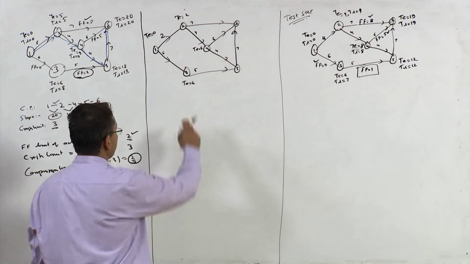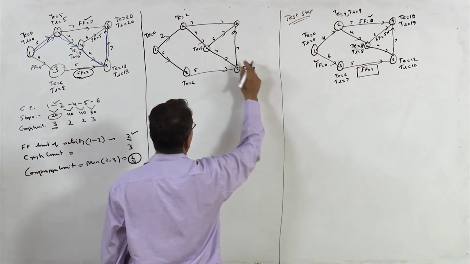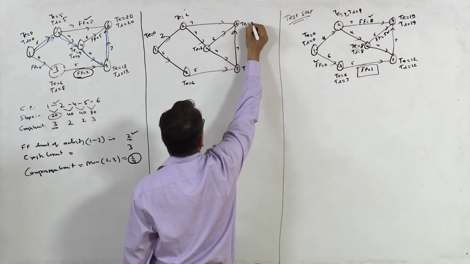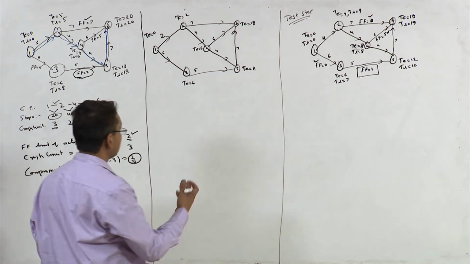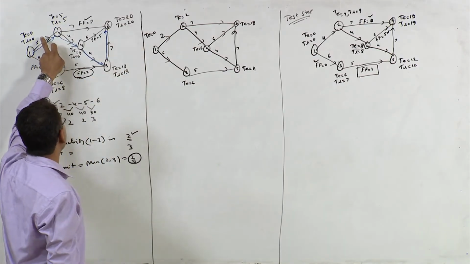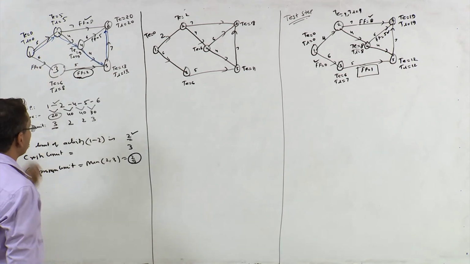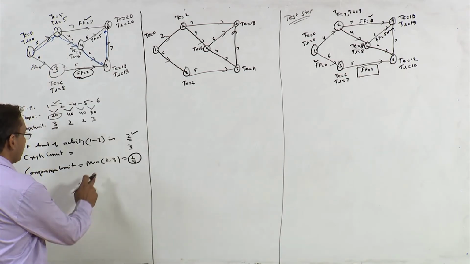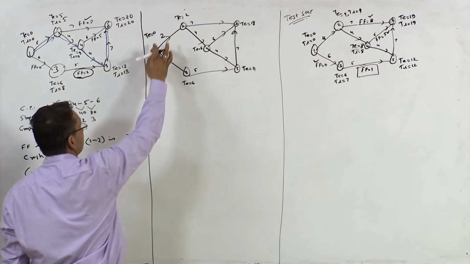So 6 plus 4, 10, this is 11, 11 plus 7, 18. Of course, since we reduced this activity from 5 to 3, the compression limit is 2, so we reduce it by 2 days.